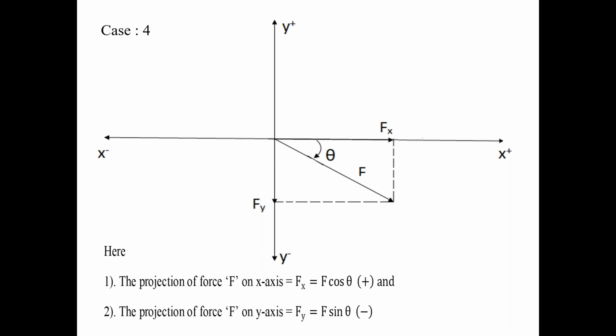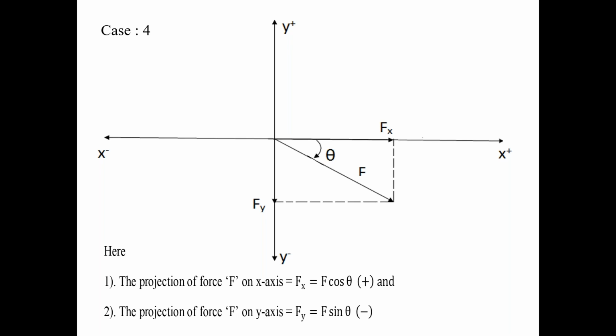Both are negative projections. In condition 4, force F is making the angle theta with the x-axis. Fx is equal to F cos theta, Fy is equal to F sin theta. Fx is positive projection, Fy is negative projection. So if you follow these 4 conditions, in all of them force F is making the angle theta with the x-axis.